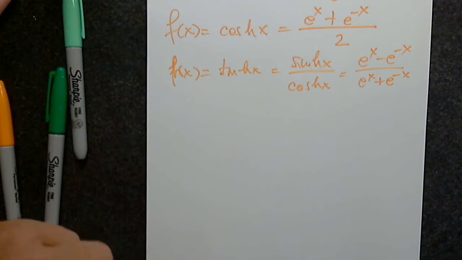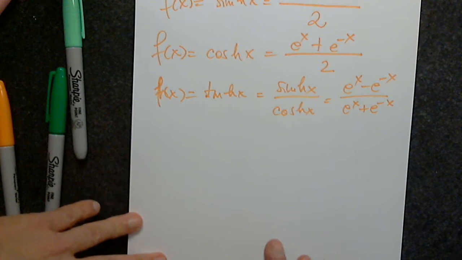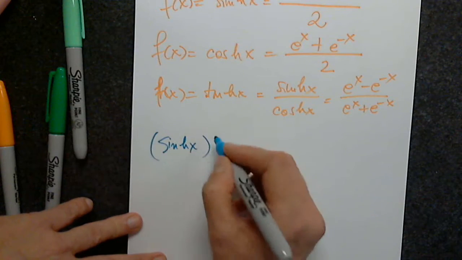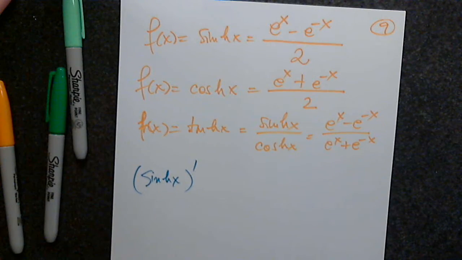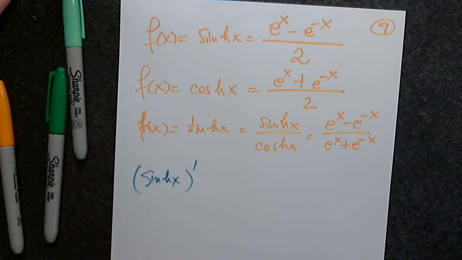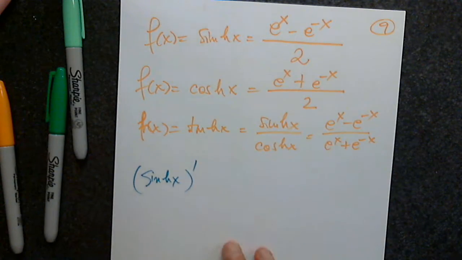But now let's talk about hyperbolic sine prime. No, we're not going to use a definition, I promise. But let's use the differentiation rules on either sine or cosine. It's up to you, or both. So in order to differentiate this, I have to differentiate that. Well, I put 1/2 in front.